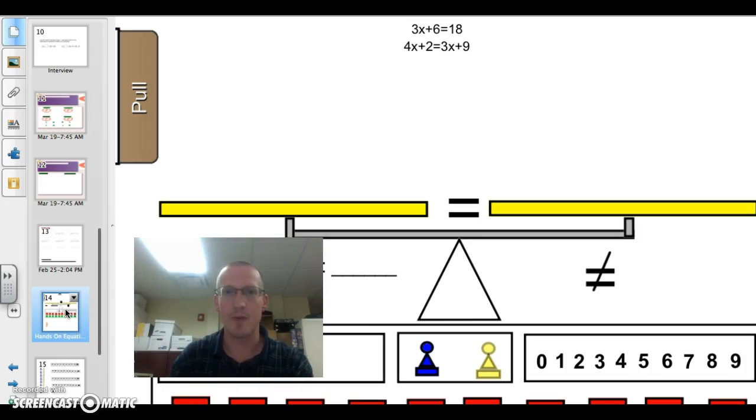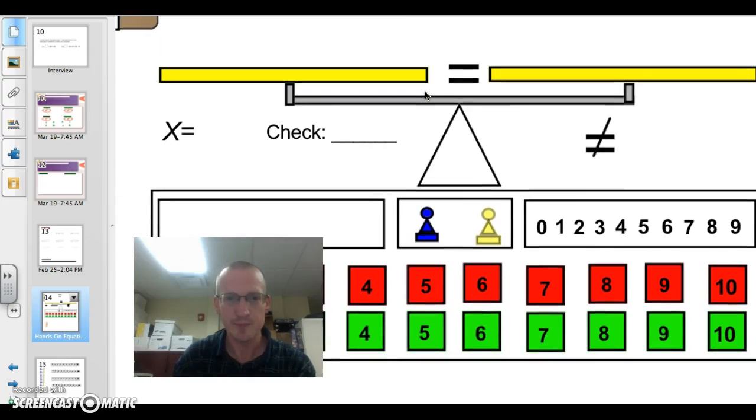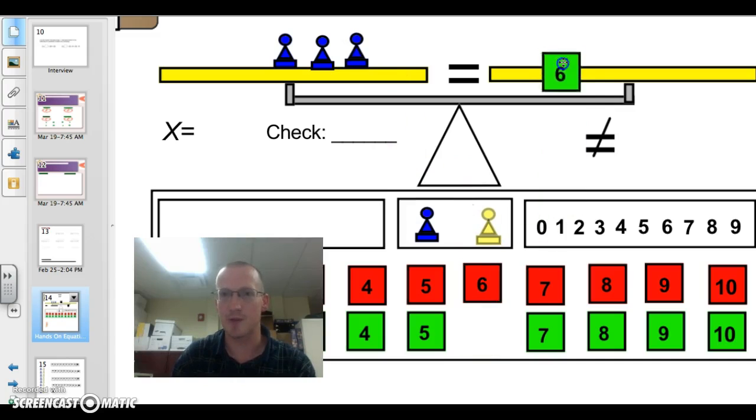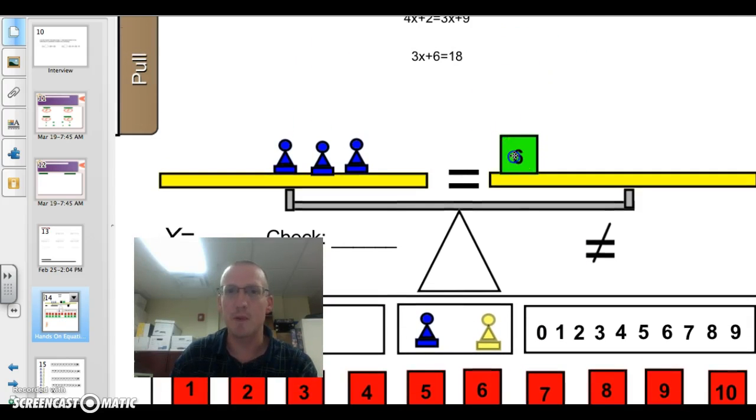On the whole, Hands-On Equations starts off with an equation: 3x plus 6 equals 18. So you're first going to start off with 3x, and the pawns are your x's. So I'm going to have 3x, and I have a 6. Greens are positive. So 3x plus 6.